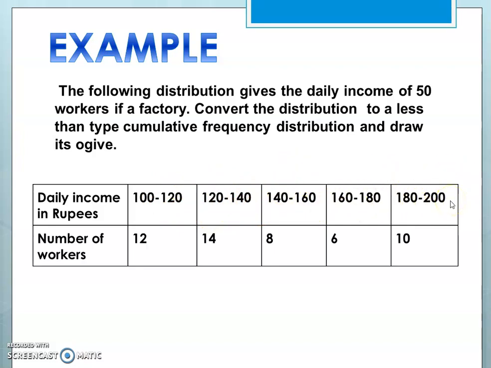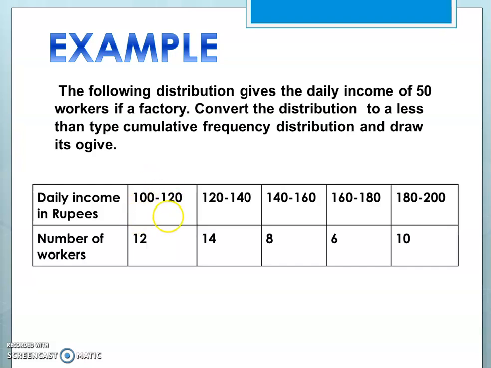All the upper limits we are going to consider for drawing the ogive. Why upper limits? Because we don't have anything less than 100, so we can't take less than lower limits. It is only starting from 100, so it can be only greater than 100, not less than that. So we will take less than all upper limits.